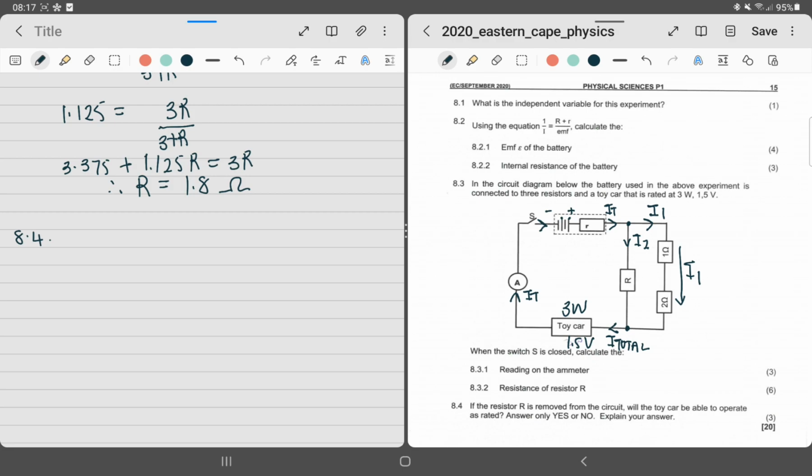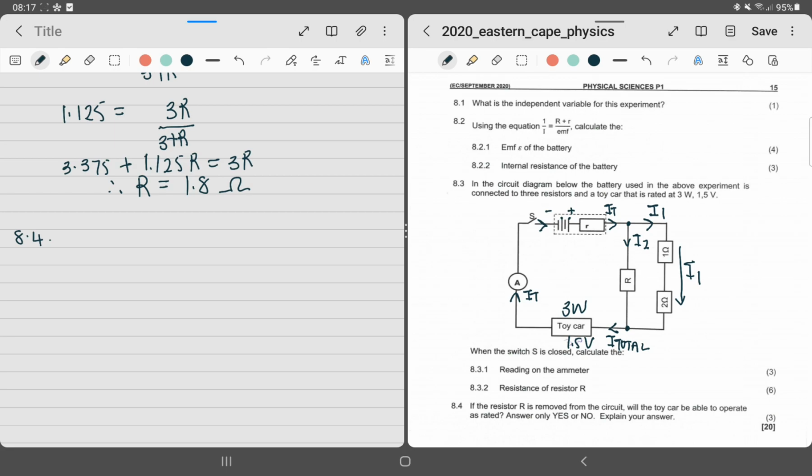Well, should the total current decrease, the toy will not be able to operate as rated, because currently we are using 2.0 amperes of current in order for the toy to operate as rated. If the total current in the external circuits decreases, then the toy will not be able to function.